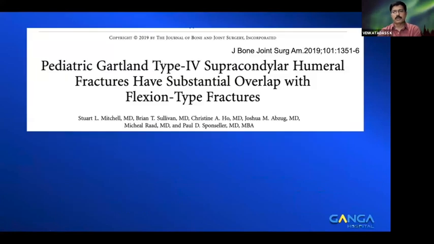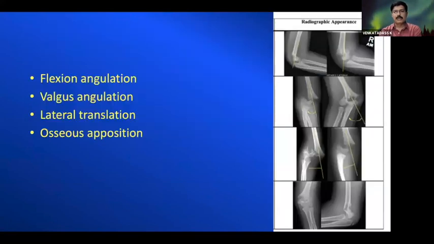There is a nice article which was published in JBJS in 2019, where they have described some radiological features which could be suggestive of an unstable supracondylar fracture. These radiological signs are flexion angulation of the distal fragment. Whenever you see flexion angulation of the distal fragment, you should suspect that it could be a type 4.